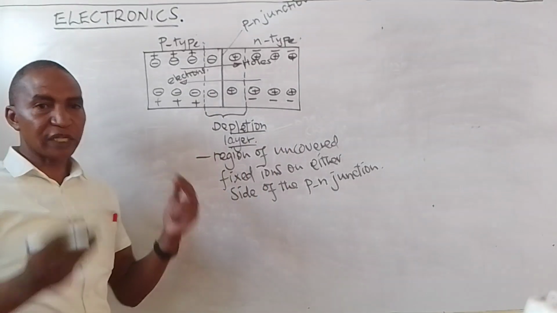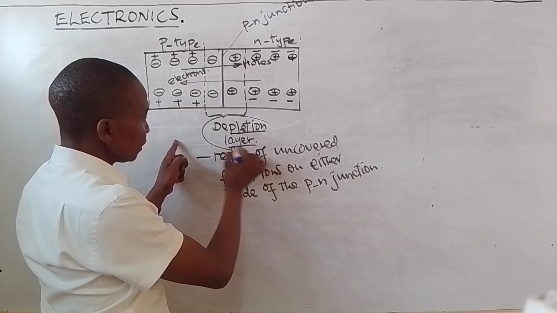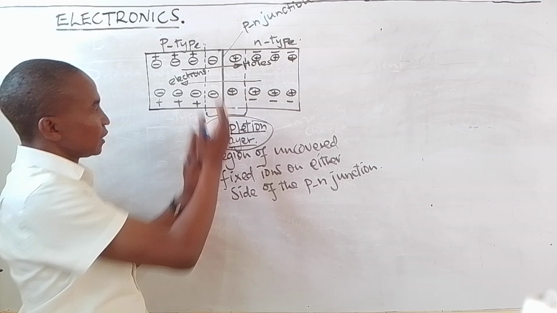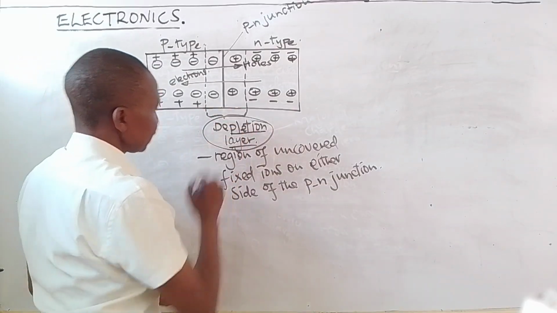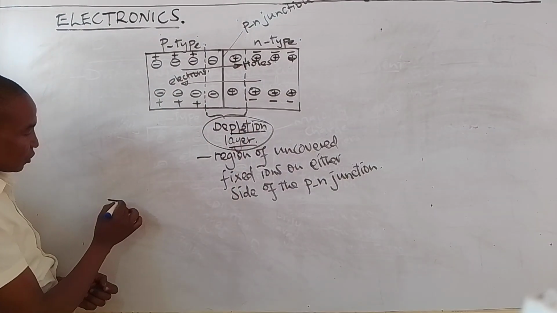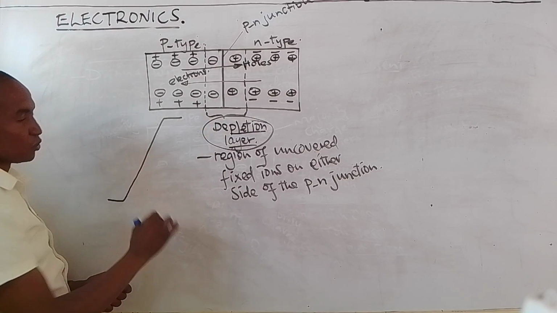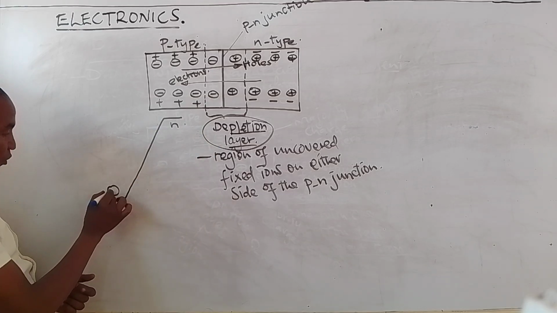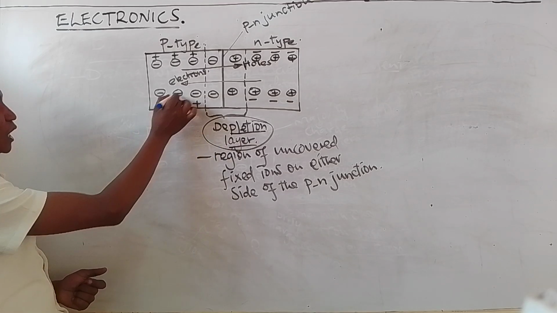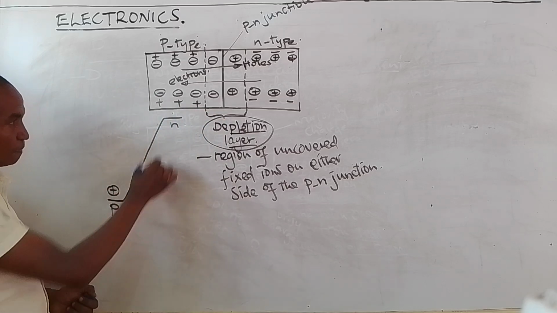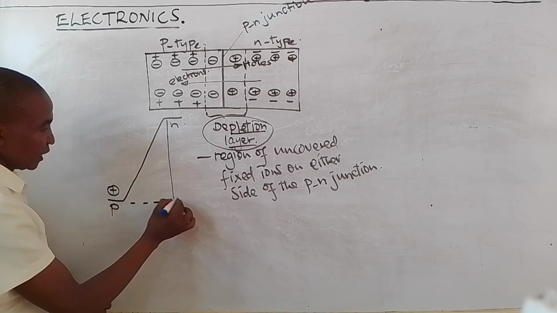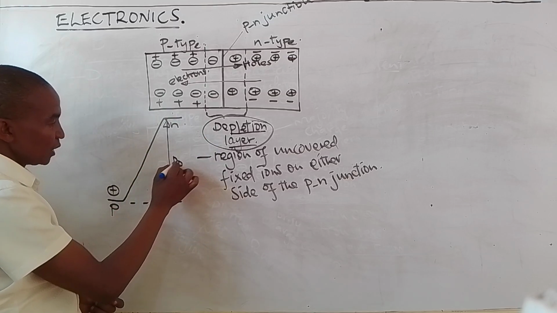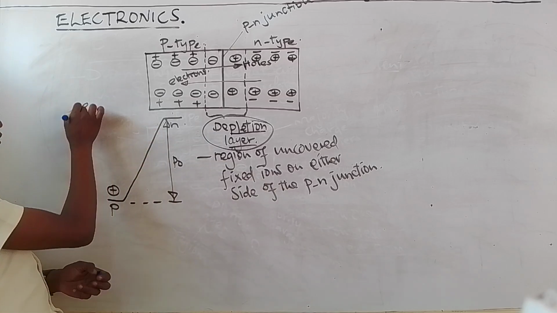When we make another video, we shall be looking at how to overcome this depression layer, because when the depression layer is created, it creates a very high sort of electric field such that holes in the p-type cannot move to the n-type. So this is a sort of an electric hill, which we call a potential barrier, an electric field.